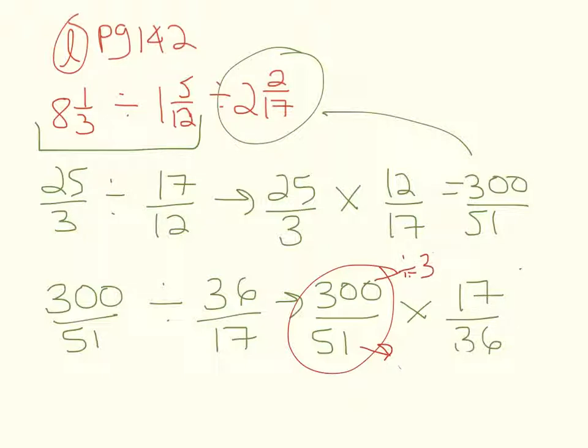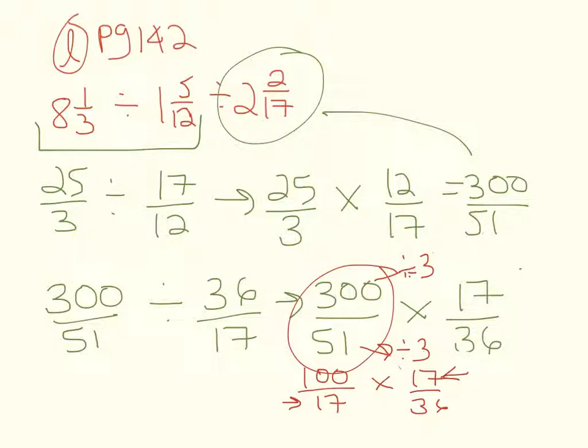So we can divide by 3, and what we end up getting is 100 over 17, and we multiply that by 17 over 36. Okay, now some of you actually have shown me this in class, and it does work. I just have not been taught this method, but right here, you have a 17 on your denominator here, and you have a 17 on your numerator here.